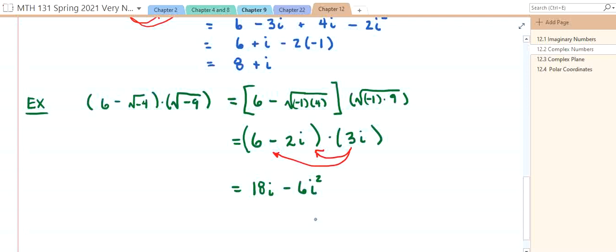So 18i minus 6i squared. Well, this is the same thing as 18i minus 6 times i squared is minus 1. So we've got minus 6 times minus 1 is positive 6. So this is 6 plus 18i.